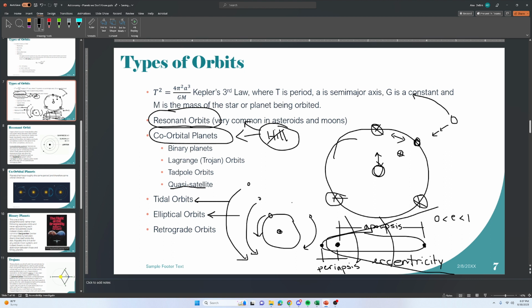So you could have captured worlds that are orbiting in the opposite direction that the sun is spinning, because all the planets, not only are they moving this way, they're also spinning in the same way. So is the sun. They all spin and rotate in the same way because they formed from the same stuff, and to change them would have required a big change in angular momentum.